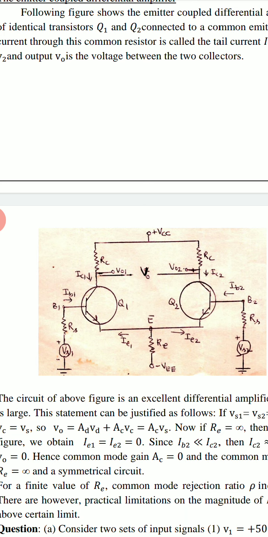These two signals are applied through resistances Rs, and output voltage VO is obtained between collectors of these two transistors.